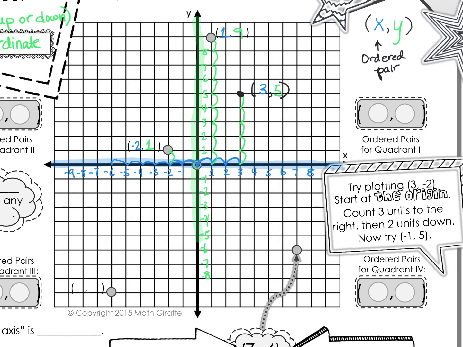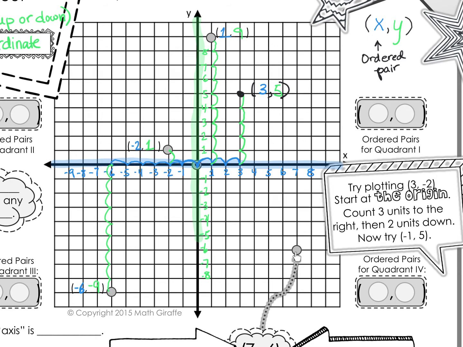So my x-coordinate for this ordered pair is -6. And from -6, I'm going to go down. So I'm going to be going in the negative direction. -1, -2, -3, -4, -5, -6, -7, -8, -9. So my second number is -9. And that's the ordered pair for this point.